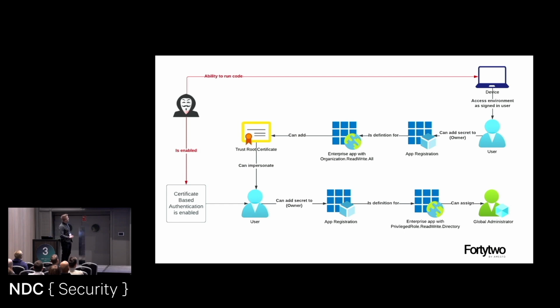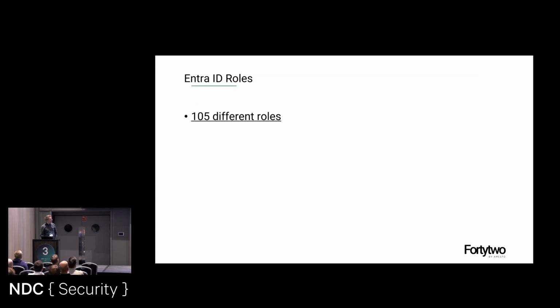That access has the ability to add a trusted root certificate to your tenant. And as you can see, there are two arrows from the attacker. If certificate-based authentication is enabled in your tenant, he can essentially impersonate that user or some other user that has access to something else. So there are many ways to climb in privileges.